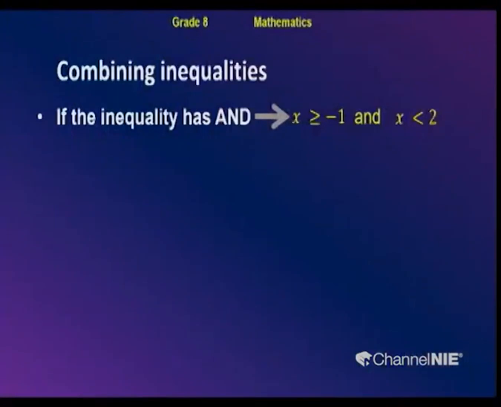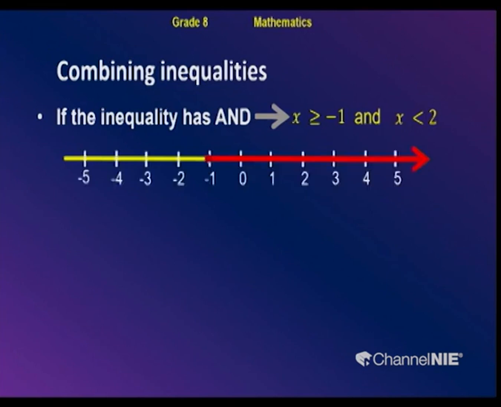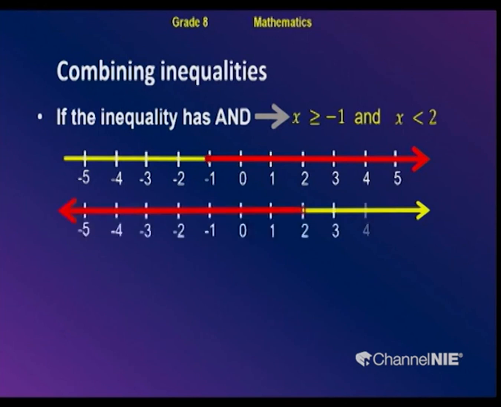If the inequality has x greater than or equal to minus 1 and x less than 2, now you can represent the first inequality on the number line. Now you know x is equal to or greater than minus 1 and the second one x is less than 2. You can represent like this.